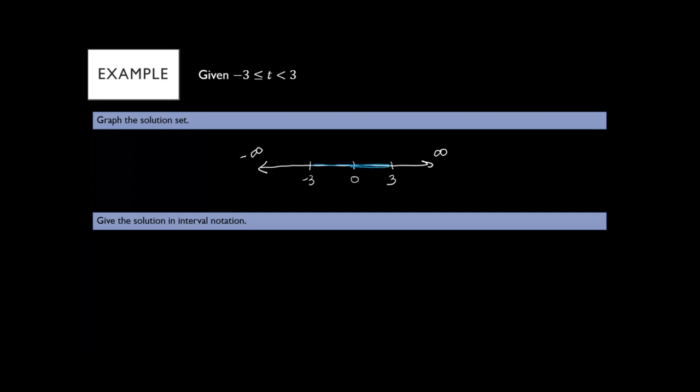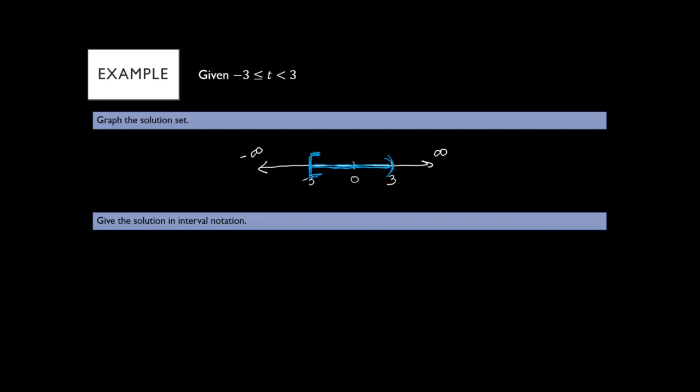Our solution is in between negative 3 and 3. At negative 3, we have less than or equal to t. It's got that line under the symbol, which is straight, so that might help you remember to use the bracket, which is straight. Then at 3, we have less than, which is a parenthesis.